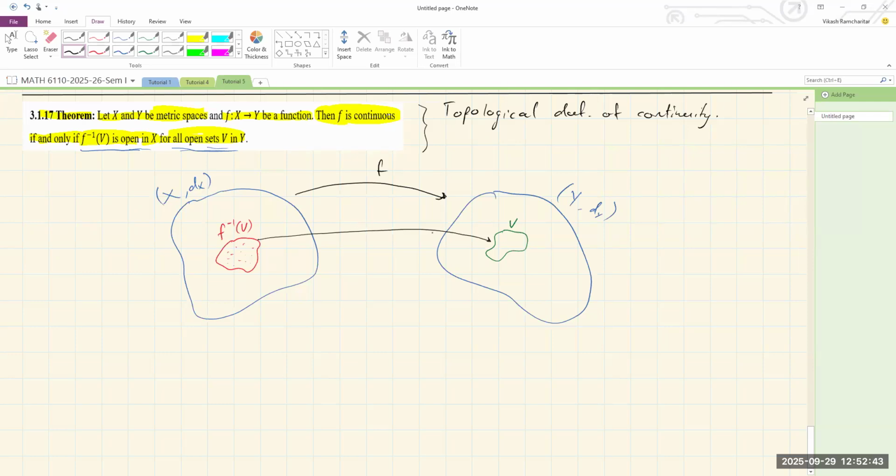Okay, so they're saying f is continuous if whenever V is open, the pre-image of it is also open. So if V is open, f inverse of V will also be open.